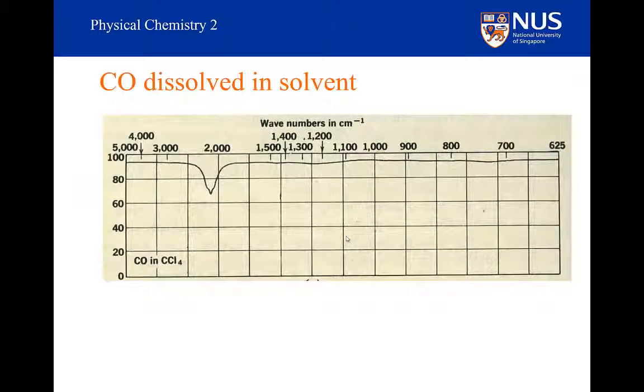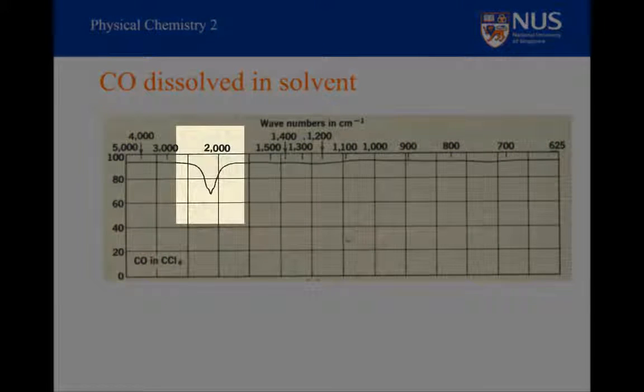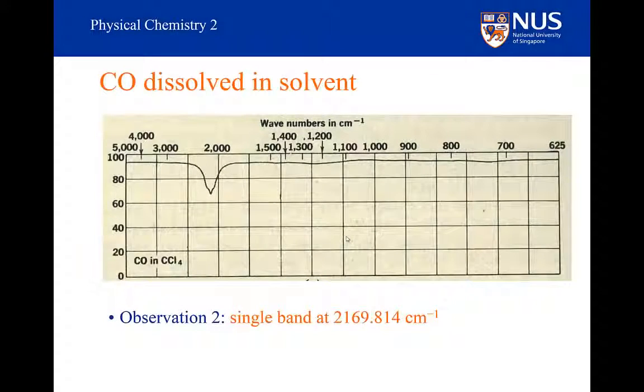So what does an infrared spectrum look like for a heteronuclear diatomic? Well, it depends. Here we have carbon monoxide dissolved in carbon tetrachloride. And we've got a spectral line centered at around 2169.8 wave numbers.